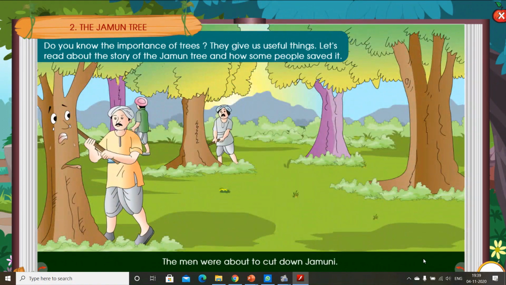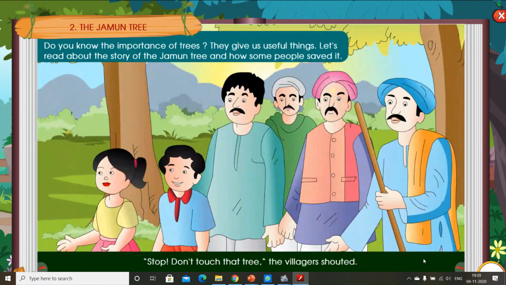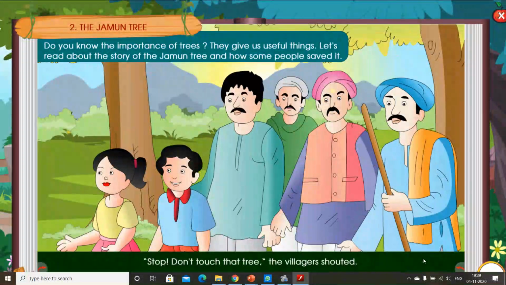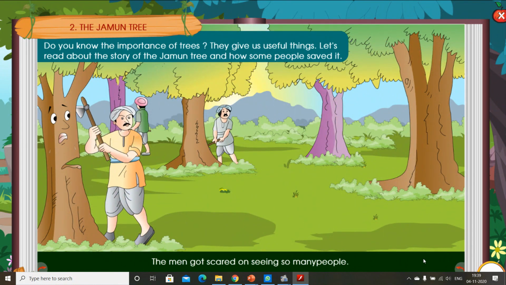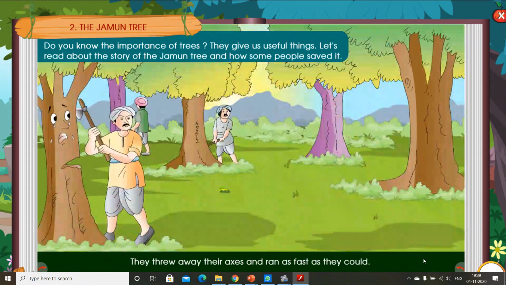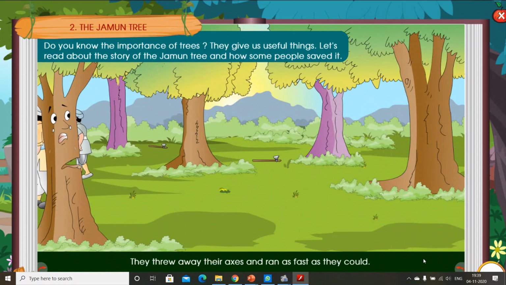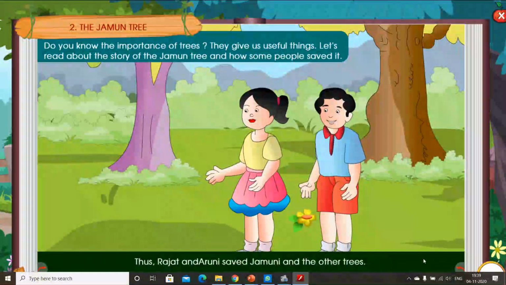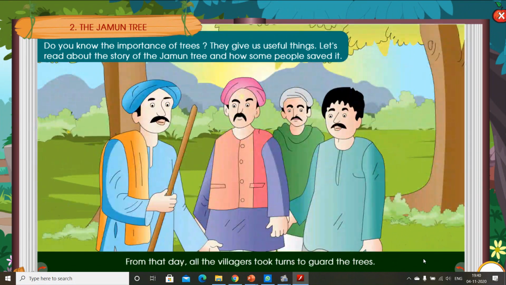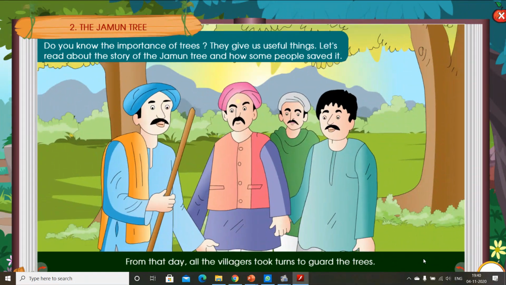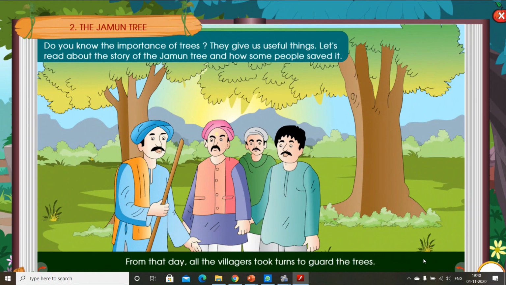Stop! Don't touch that tree, the villagers shouted. The men got scared on seeing so many people. They threw their axes and ran as fast as they could. Thus, Rajat and Aruni saved Jamuni and the other trees. From that day, all the villagers took turns to guard their trees. If we love something, we must care for it.